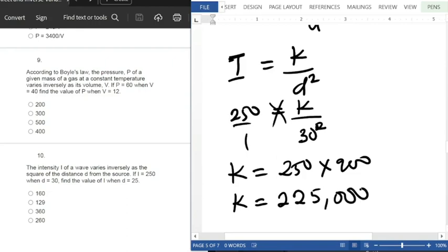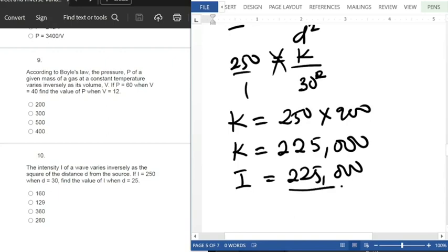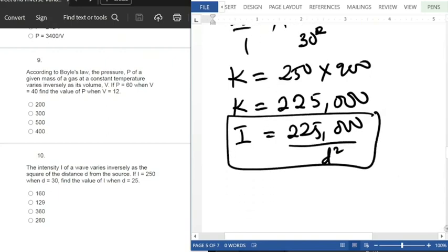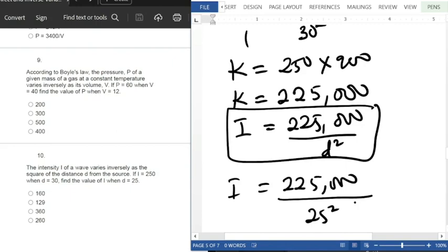The question is to find the value of I when d is equal to 25. So we can put this in our equation. I equals 225,000 all over d squared. So this is the relationship, but that's not what we're looking for. The question asks us to find the value of I, that is the intensity, when d is 25. That is 225,000 all over 25 squared. 25 squared gives us 625.